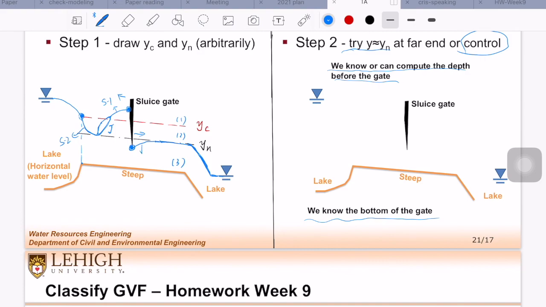So this curve is an S3 curve. So now we have done this problem.